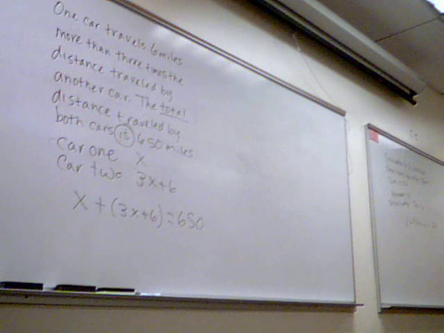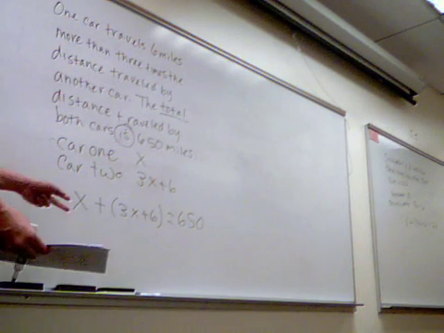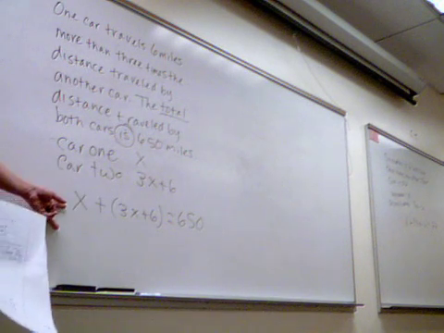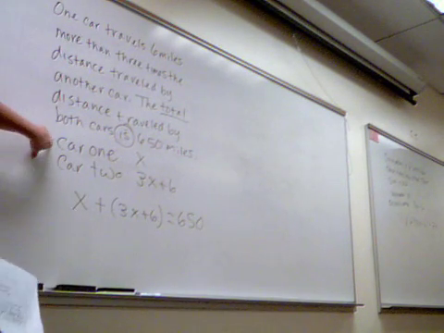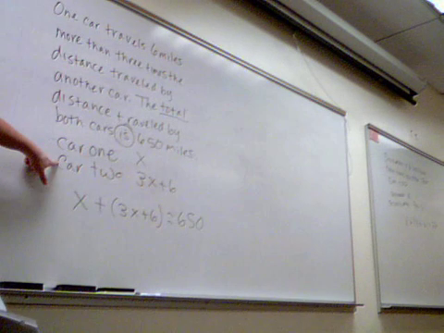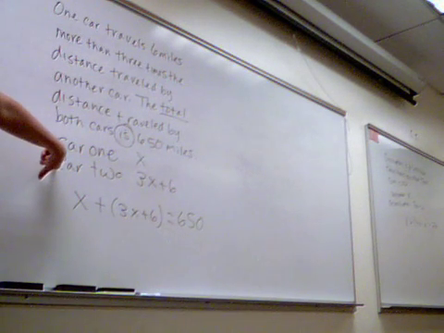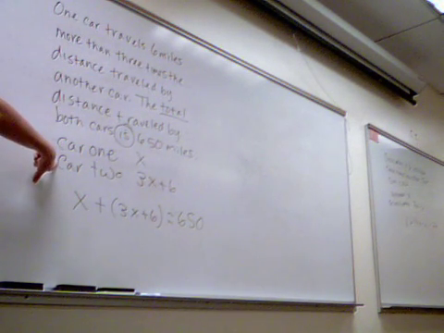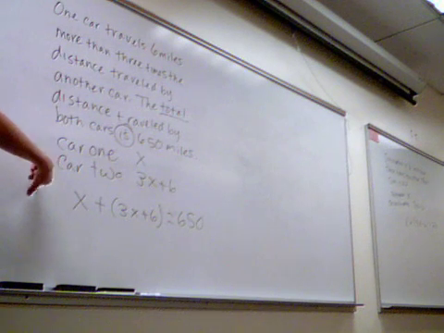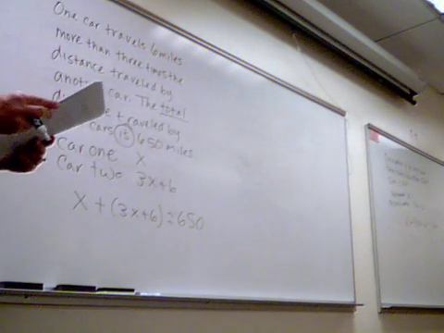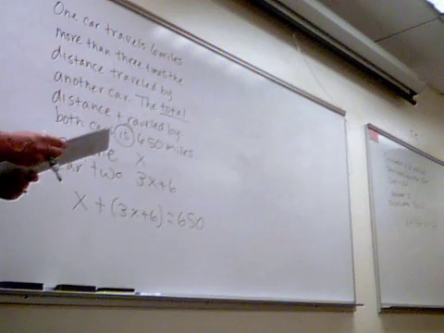So that way I can find out how far each one went. Because when I solve this equation, I'll get a number for x. X will tell me how far car 1 went. I plug it in here to find out how far car 2 went. The two of them together should add the what? 650. Very good. Does that make sense to you? How we set up this problem?